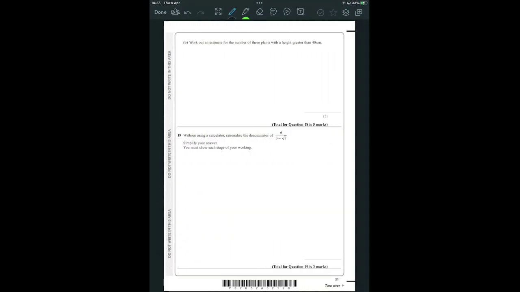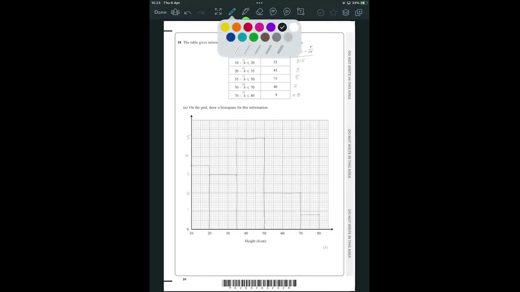Work out an estimate for the number of these plants with a height greater than 40 centimeters. So where's my 40? My 40 is here. For me, the most important thing for a histogram is frequency equals area. So if I'm asking for how many, I'm actually asking for the area above that point.